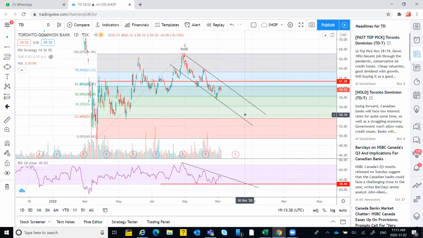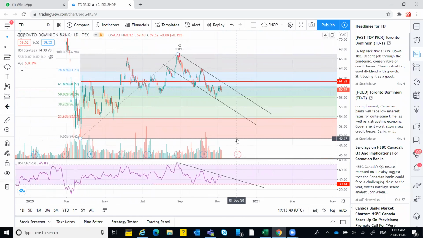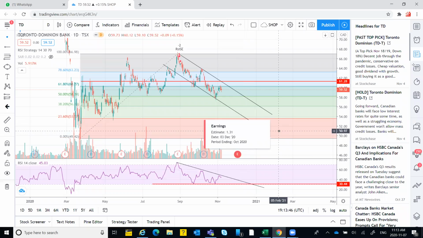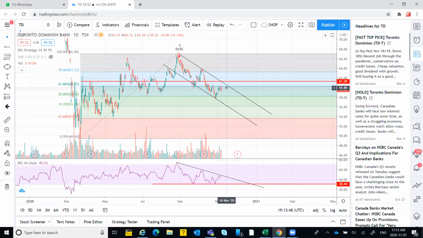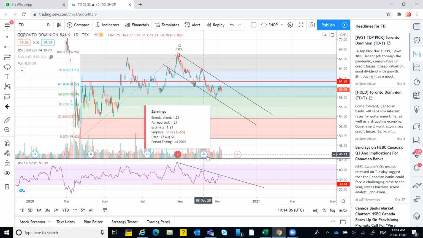What I'm expecting is that as soon as the earnings date is nearby in December, by the last week of November, the stock will go up and may eventually reach 63 or even more. After that, it will fall down again till it reaches its dividend dates, and during the dividend dates you will again see a spike. So it spikes at two different times, before the earnings and before the dividend.